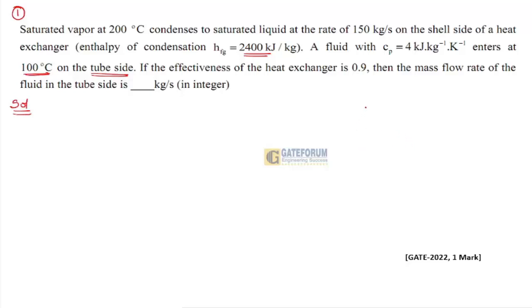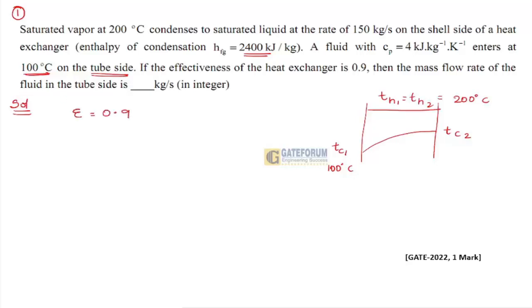Basically, if I draw a diagram, the tube side has coolant entering at Tc1, which is 100 degrees centigrade, going to Tc2, and the hot fluid at the inlet and the exit is Th1 equal to Th2, which is 200 degrees centigrade. Cp is 4 kilojoule per kg Kelvin, hfg is 2400, and the effectiveness is 0.9.